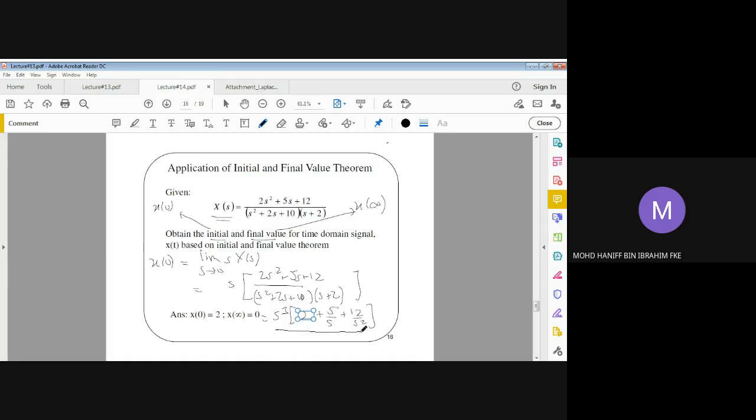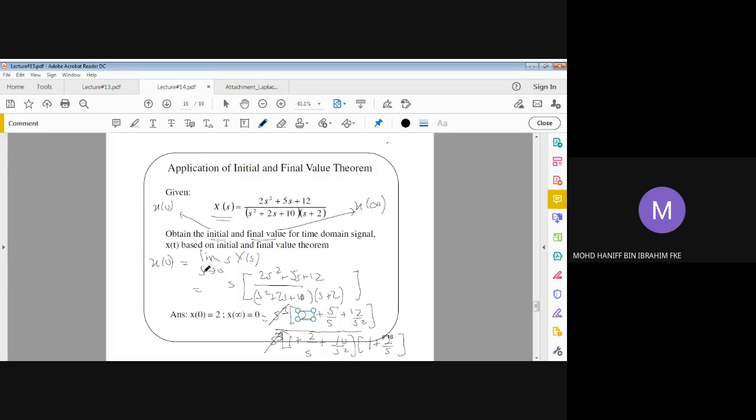And we divide it with this. We can take out s cubed from the denominator, so we have s cubed times (1 plus 2 over s plus 10 over s squared), and that will be multiplied by (1 plus 2 over s). So you can see the difference now. That will be this s X(s), so we can cancel the s cubed.